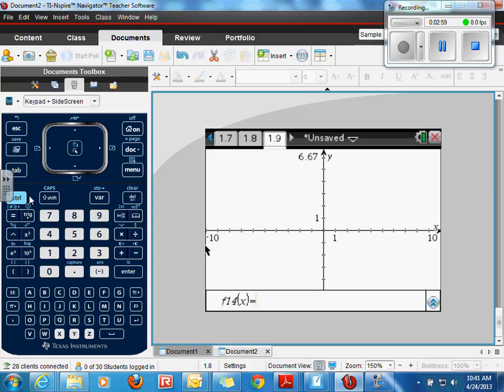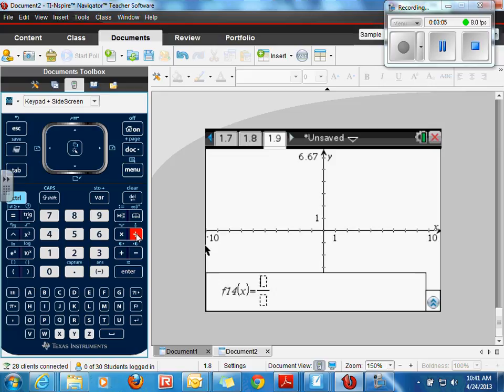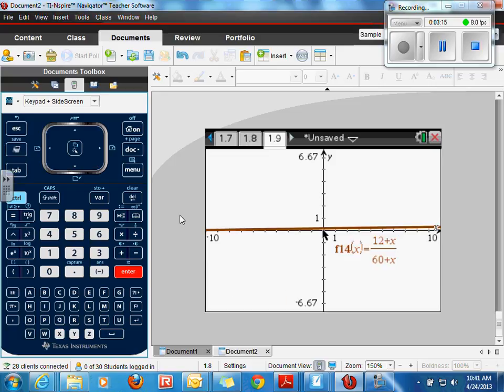So I'm going to start with the right side. And with my Inspire calculator, I like that it has control divide, and we can do our fraction template here. 12 plus x is the numerator, and then 60 plus x is the denominator. And we graph that. And then I'm going to push tab, and I'm going to graph the other side, which is .360.